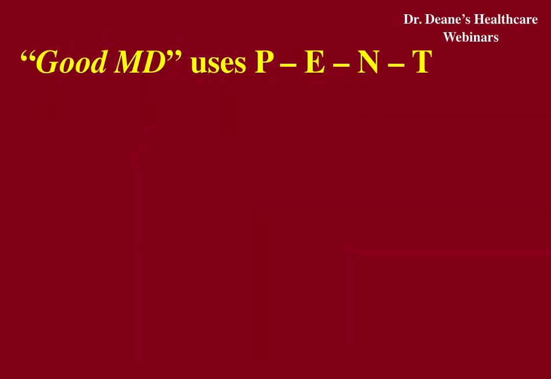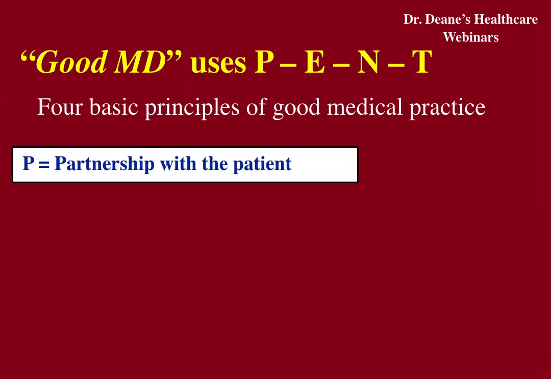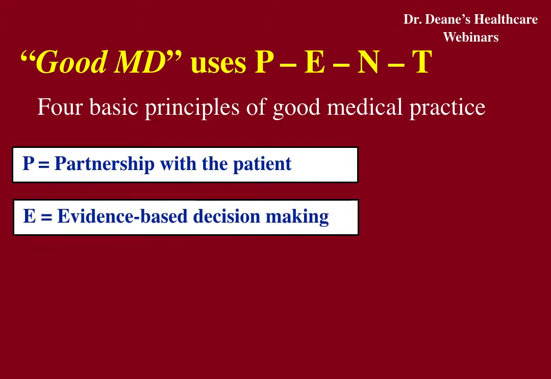Now, a good doctor, when he approaches a patient, uses the four basic principles of good medical practice, which I abbreviate PENT. The first one is to make a partnership with the patient. The second, E, is to use evidence in making recommendations so that the patient can make an evidence-based decision.